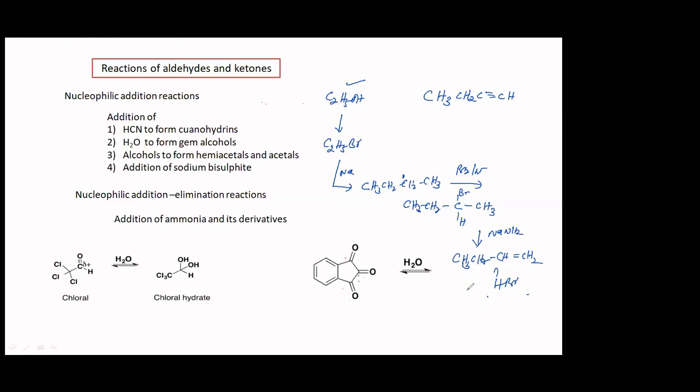Otherwise, you can do one more thing, which is you have to make it into this, and then you have to take ethyne, CH triple bond CH, make it react with silver nitrate, AgNO3, or you can even use sodium, when it is going to form an acetylide. So you are going to get this ion, CH triple bond C minus Na plus or Ag plus.